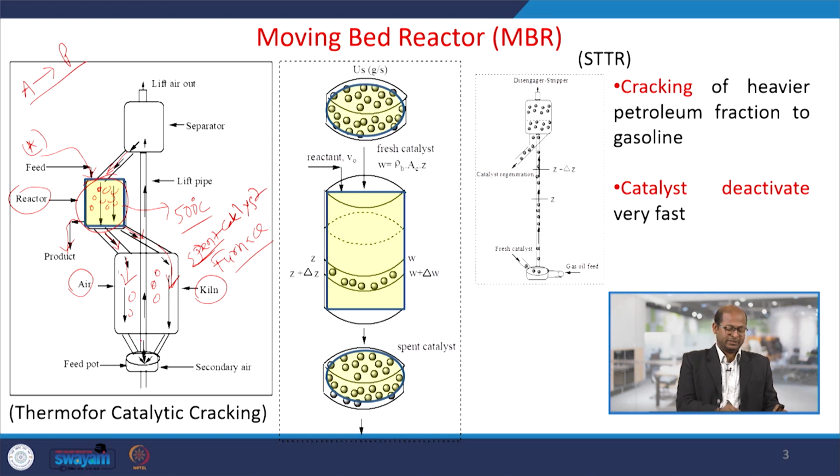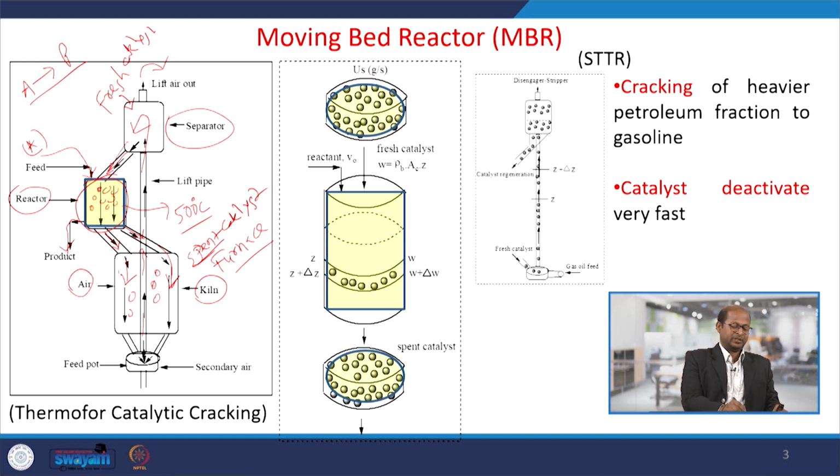Once it is regenerated, the spent catalyst in the form of fresh catalyst would again be sent back to here. This is the lift, and the excess air would go out from the system. Catalyst and air would be separated out here, this is basically a separator. So, the fresh catalyst will get here at this particular location.